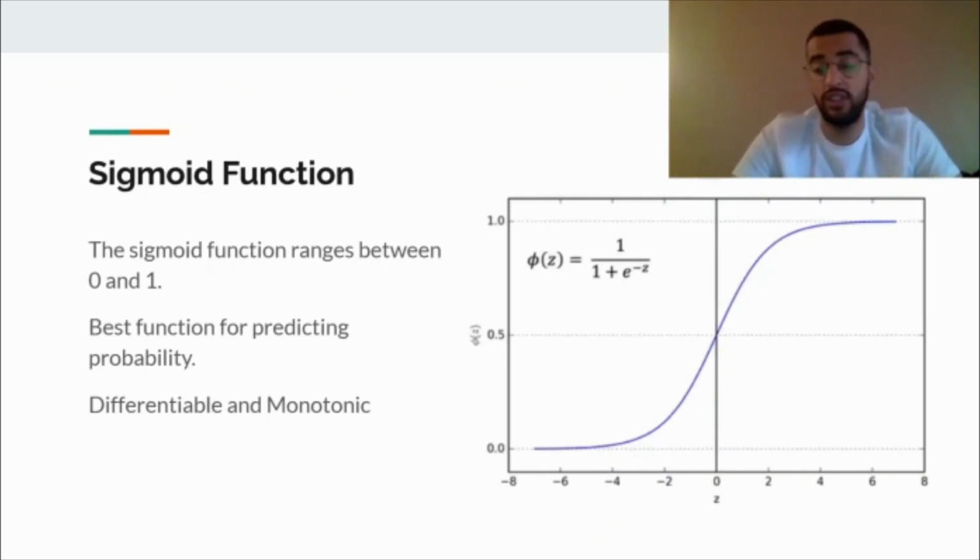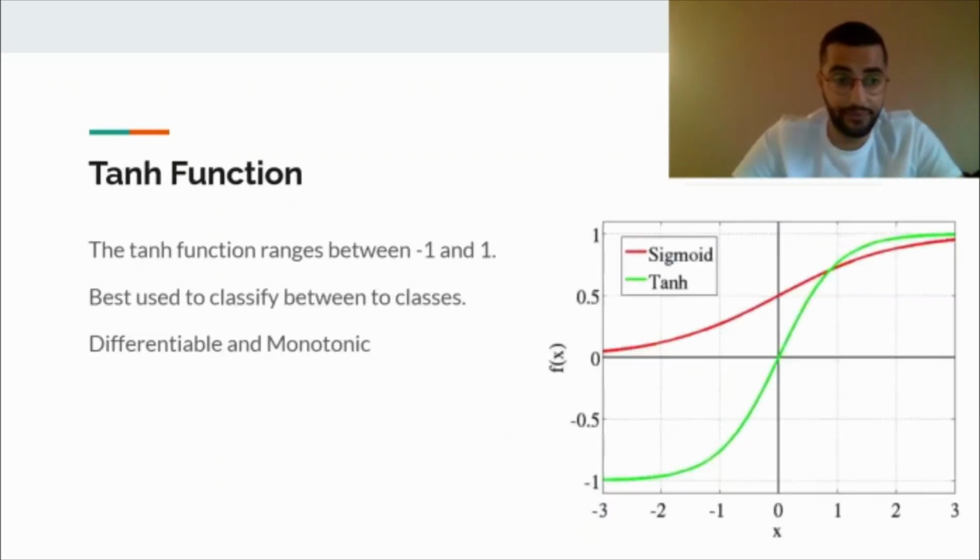One of the drawbacks of the sigmoid function is that it has a slow convergence and it's considered computationally expensive as it has e to the power of z in its function. It's also differentiable and monotonic.